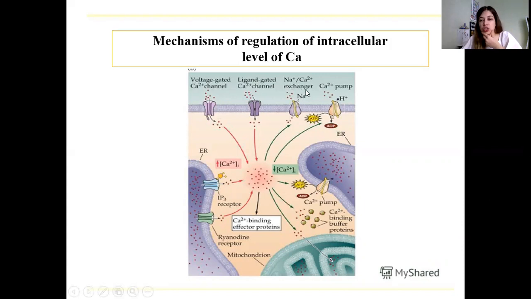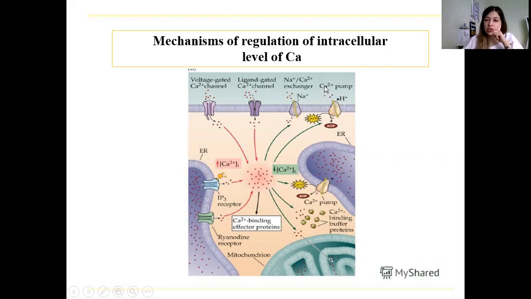Sodium calcium exchanger is the antiport of the sodium and calcium ions, which move against each other. And also we have the active transporter, the calcium pump, which is also an exchanger.